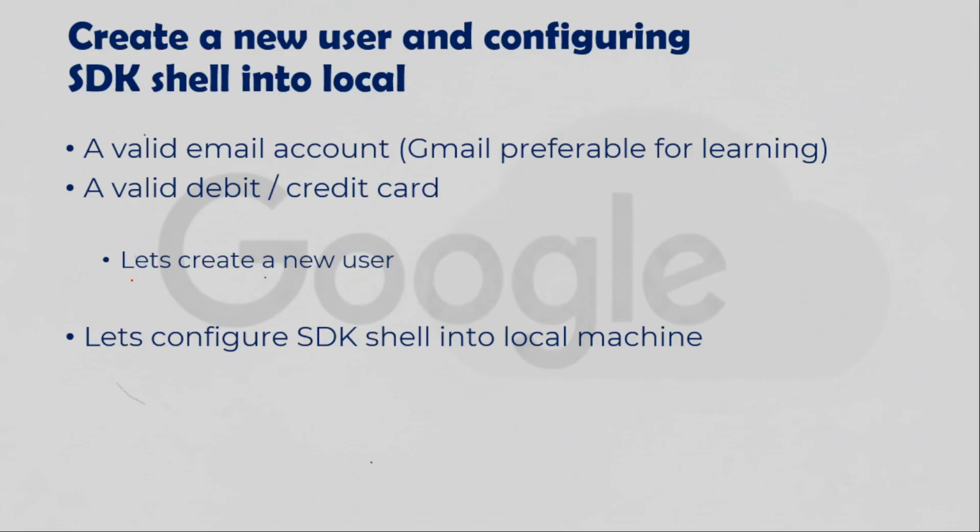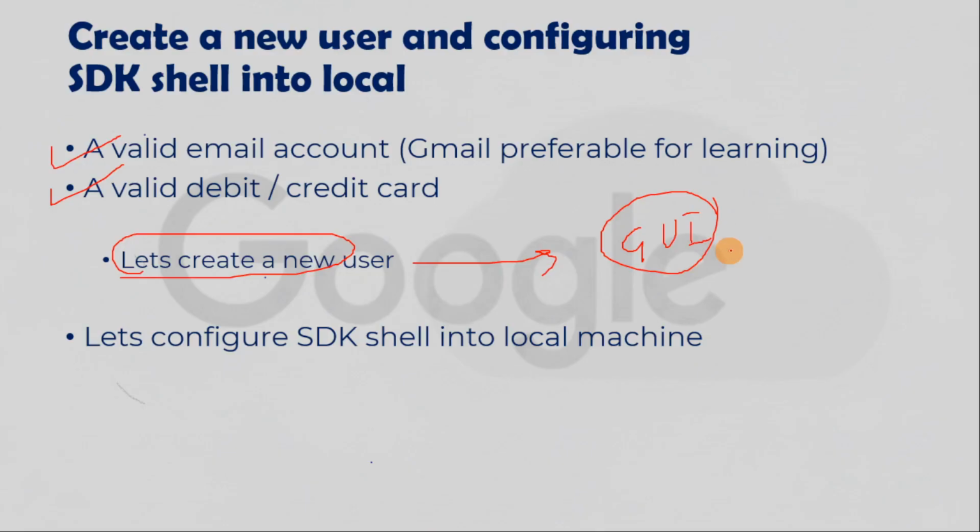All right, so as of now we have created a new user and provided all the information to create it, and right now we can explore Google Cloud through the graphical user interface. At the beginner level we can do that. But now what if I want to interact?